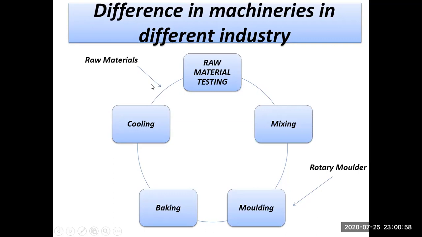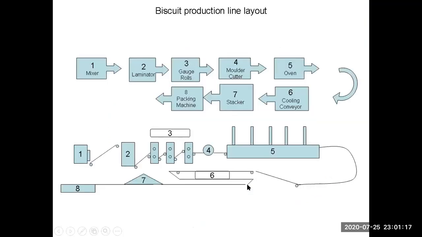For example, it can vary in raw materials, and it can vary in the rotary molder or any kind of molding machine. But the other things, cooling, mixing, baking, are all the same. They vary with the raw materials and the molding process or shape of the biscuit. And due to the raw materials, the biscuit's taste varies between industries.